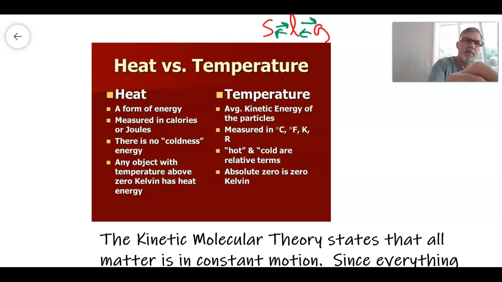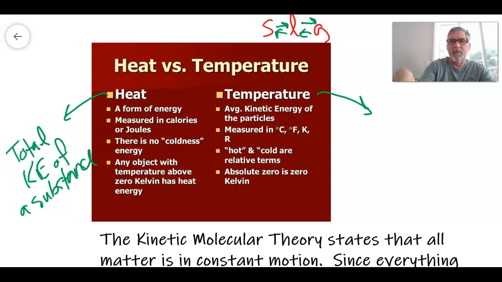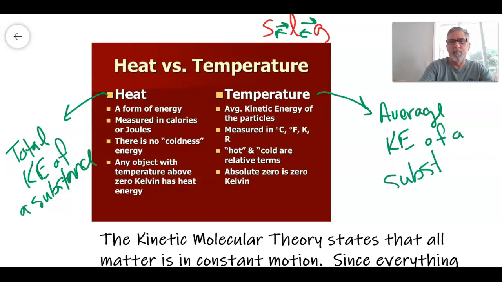So heat, another way to think about it, is the total kinetic energy of a substance, and temperature then would be the average. And remember, kinetic means moving, so it's the energy of movement.